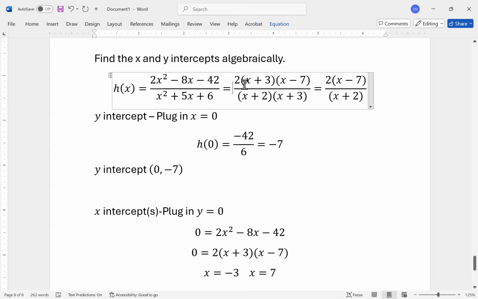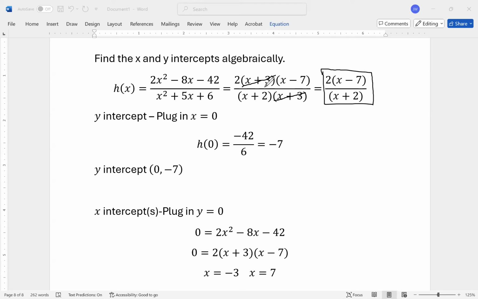But if I cancel out x plus 3 in the numerator with x plus 3 in the denominator, then I'm left with this. And we can see that when you plug in a -3, you're not getting a 0 in this simplified expression.